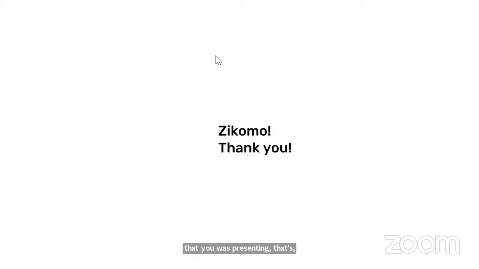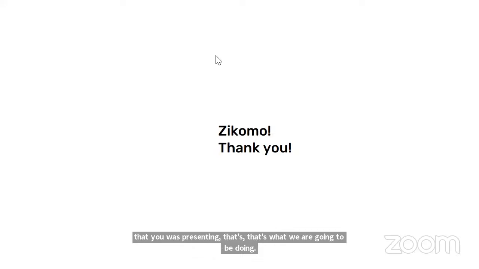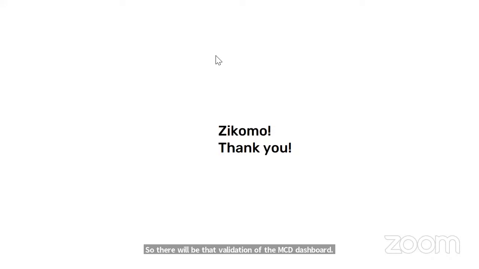There will be validation of the NCD dashboards. We started with reviewing which indicators we want to include in the national NCD dashboards. The indicators have been mapped. We are yet to configure those dashboards in the HMIS. So yeah, I just wanted to add on that. Thank you.